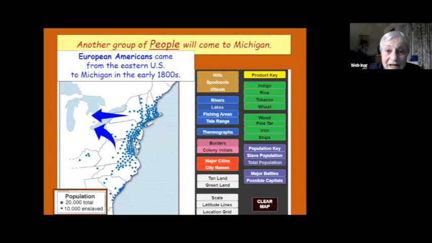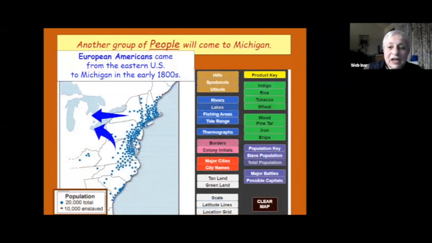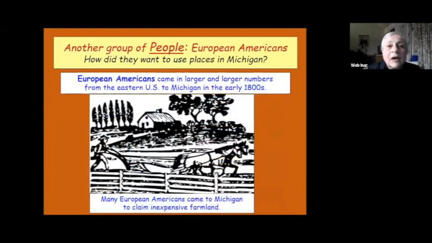I've turned on the lake layer so that you can see where Michigan is located. European Americans wanted to come to Michigan from the east. They thought this was a great place to claim inexpensive farmland. Many people in the early 1800s supported their families by farming.